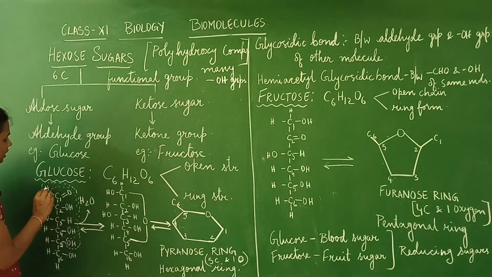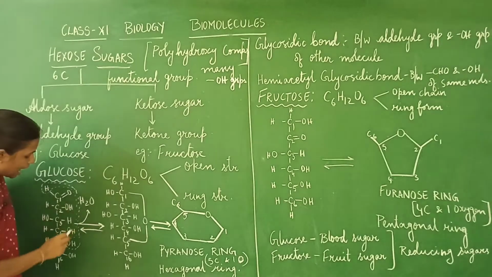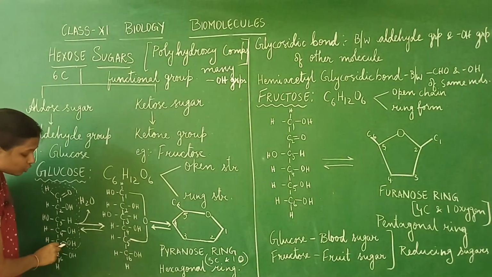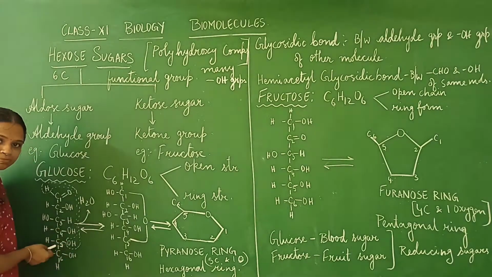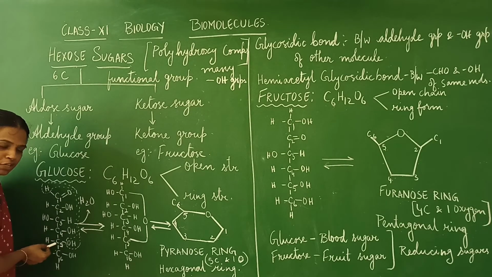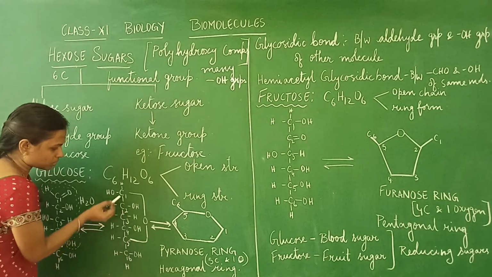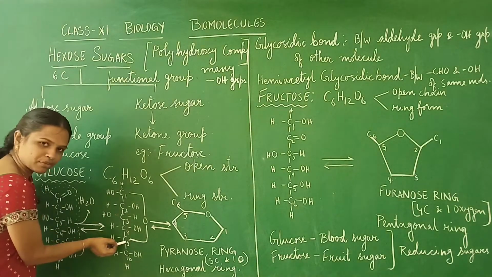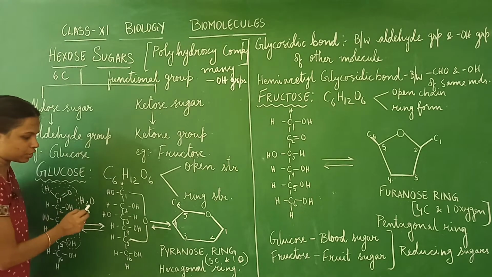So, here hydrogen is shared from the aldehyde group and hydroxyl group OH is shared from the 5th carbon atom. So, the bond is formed between the 1st carbon atom and the 5th carbon atom after the release of one water molecule.